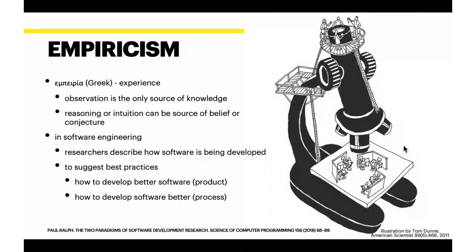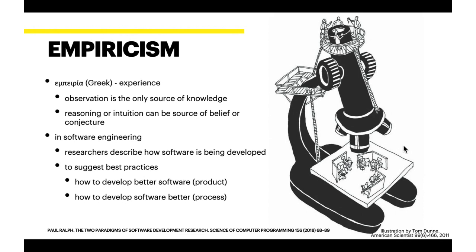On the right, you see an illustration by Tom Dunn from American Scientist in 2011. And this is essentially the summary of empirical software engineering. So you have a microscope, and on the microscope glass, you have software developers who are working, and at the same time, they are being observed by researchers who are on the upper side of the microscope.